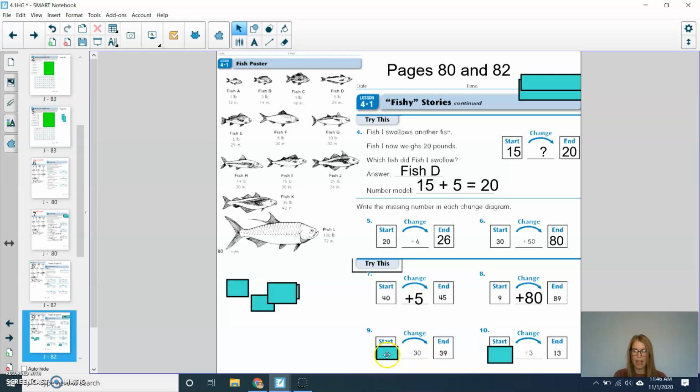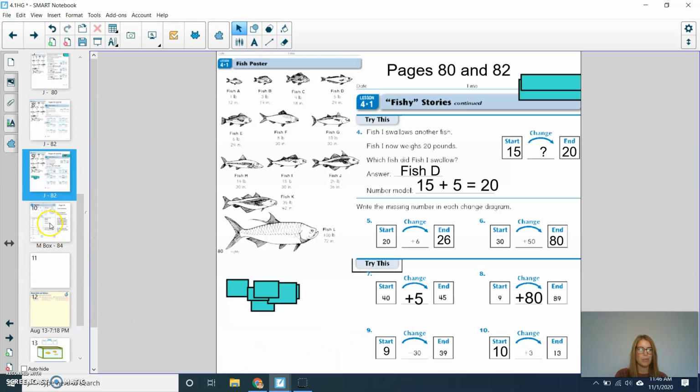This time I'm missing my start, but I know if I was at 9 and I added 30, I would get to 39. Same thing for number 10, I'm missing my start, but if I started at 10 and added 3, I would get to 13. Double check to make sure you have this correct. We will work more on these types of problems in future lessons.